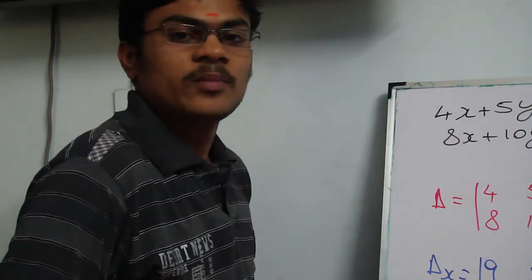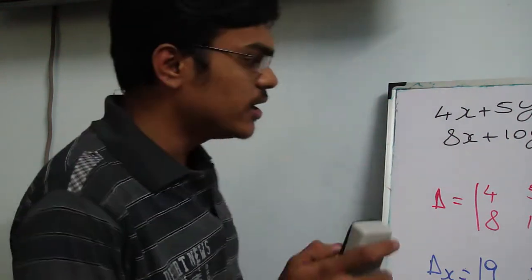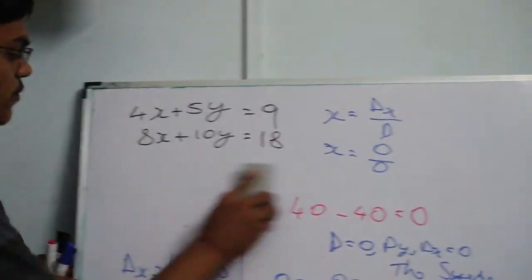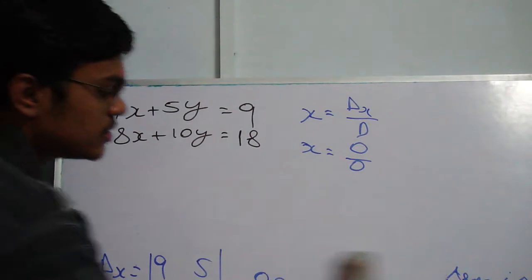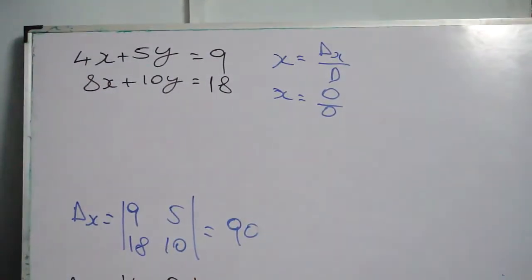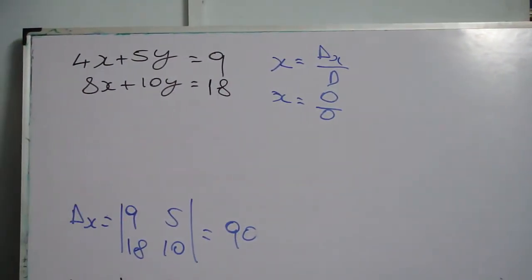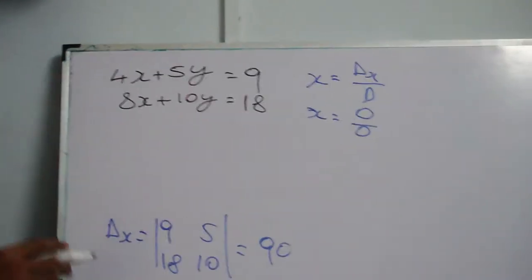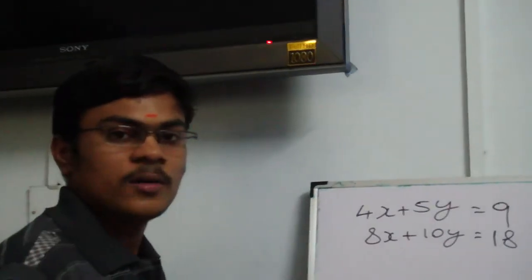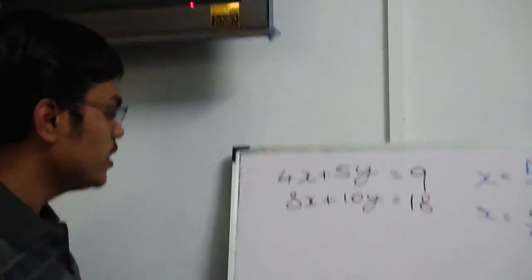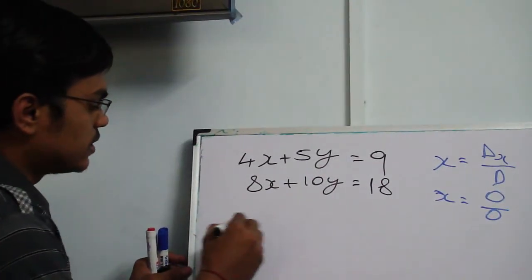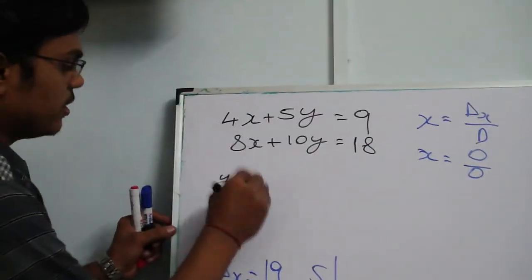How to find infinitely many solutions? I am going to reduce the two equations into one. How am I going to reduce an equation? For the unknown x or y, I am going to consider an arbitrary value. Let me consider y is equal to k.